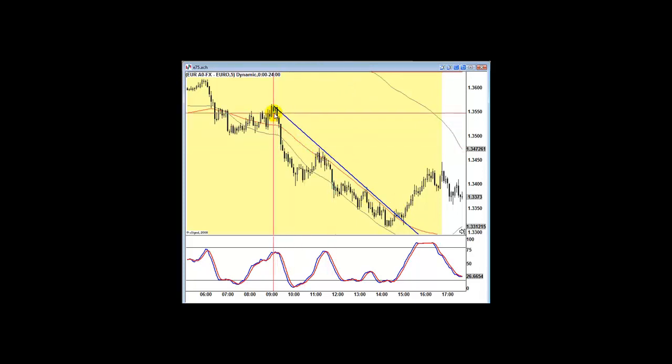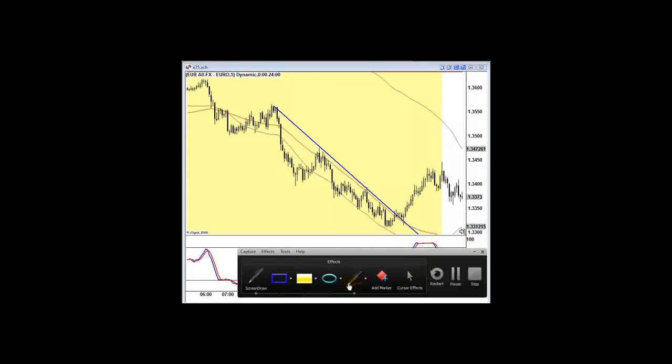We've gone from 9 a.m. to 15:00. That's a 6-hour trend line. I'm going to put the screen draw back on here. We've got 1 touch, 2 touch, 3 touch, 4 touch, 5 touch, and another little trick is 5 touches.